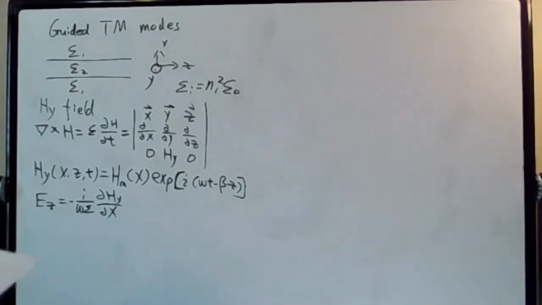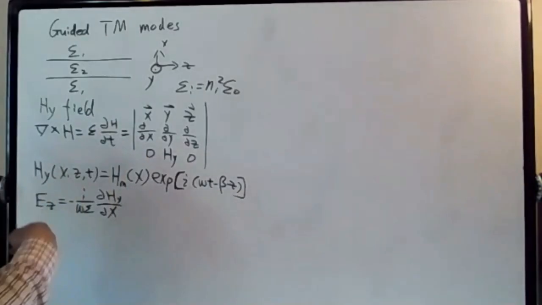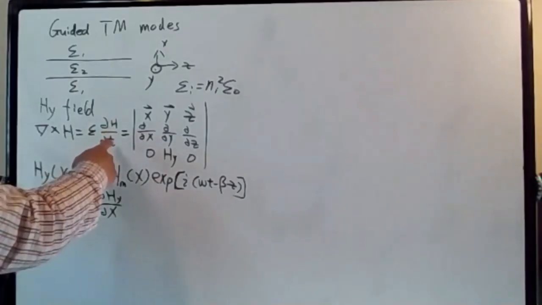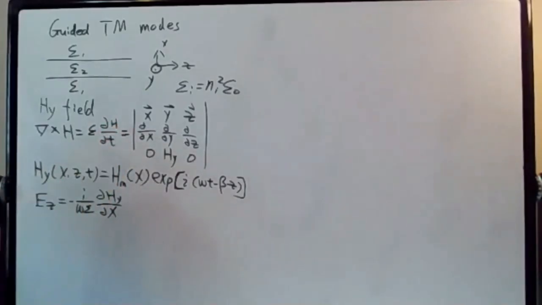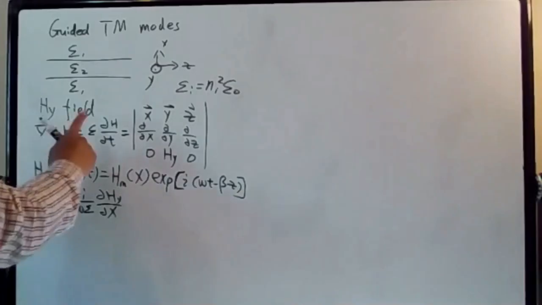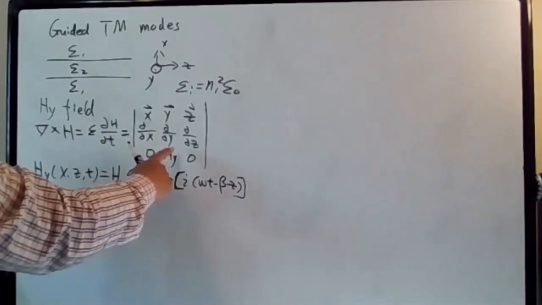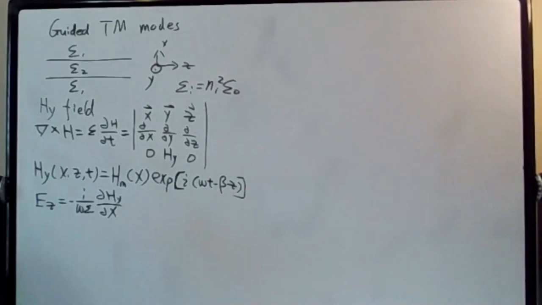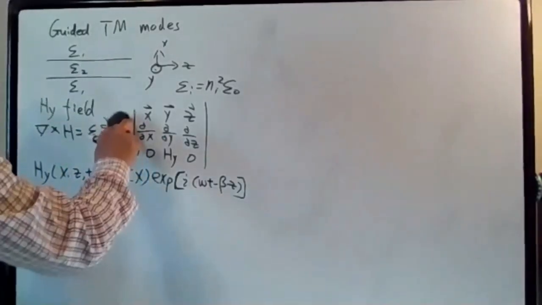Okay, so now what we have is this partial, we got the i, right? So we got the i, we have the epsilon. So let me see. We take this partial H. Partial H is this, right? So I have a typo here. This is actually E, right?